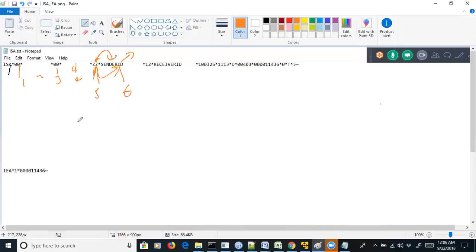Okay, got it? Yes, JP. Here you see ZZ, right? This ZZ means we are using custom information in the sender ID in the sixth field.